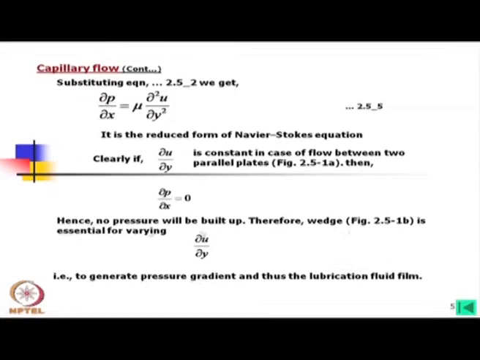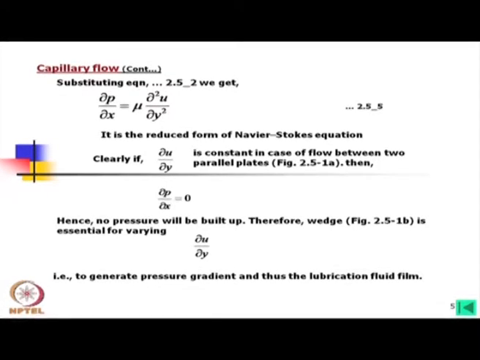Therefore, a wedge is essential for varying del u by del y. That means one plate is to be inclined to the other, and the gap should gradually decrease to have positive pressure. That means to vary this, because there will be change in u, only then will there be del u by del y. That is to generate the pressure gradient and thus the lubrication fluid film.